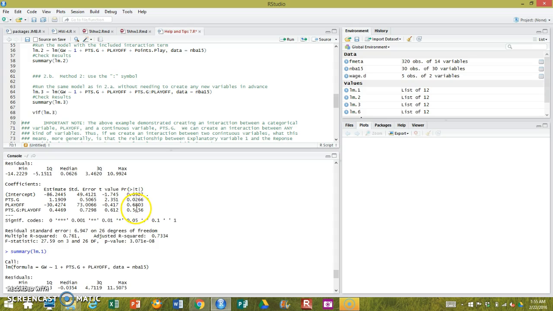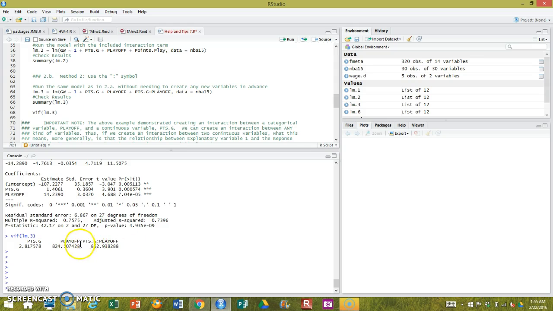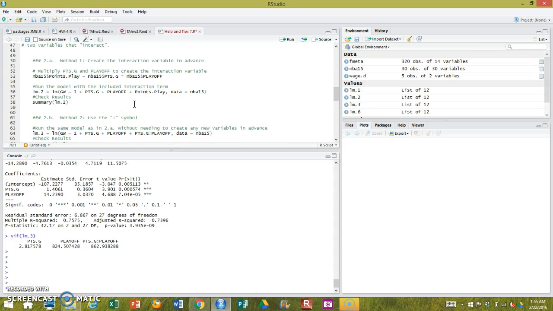We get insignificant p-values, and we see high multicollinearity. So unless there's some really great theory or other kind of evidence that says we must keep the interaction term in our model, then we should get rid of it. And we would just get rid of the points per game and the playoff interaction. And that should help things.